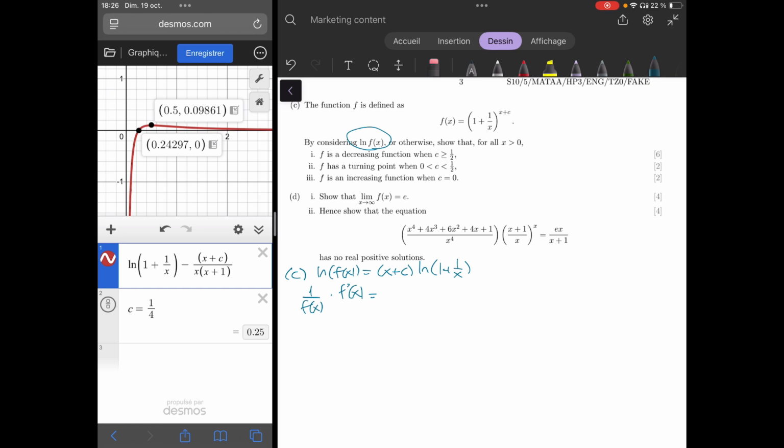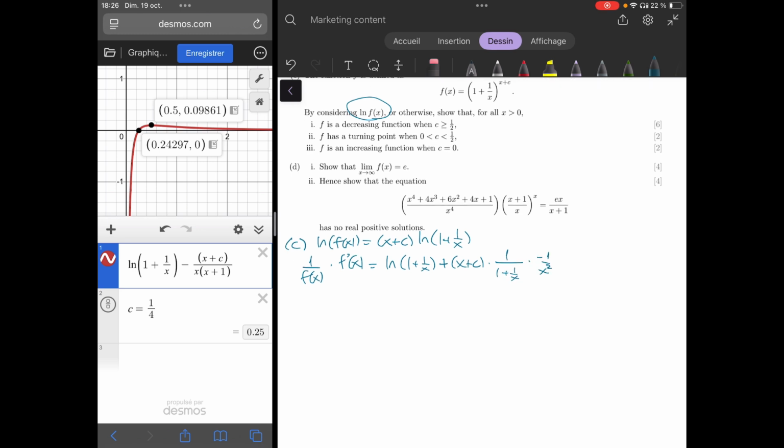The derivative of the right-hand side can be found using the product rule. So let's simplify this just a little bit more.